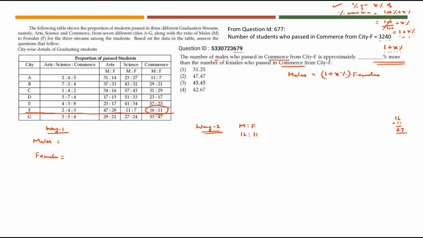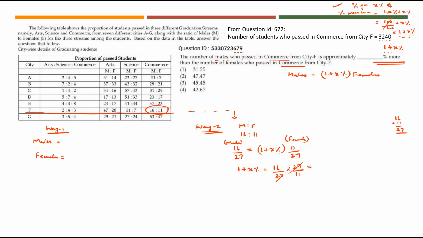So from here we can say 16 by 27 are male, which is equal to 1 plus X percentage into 11 by 27 will be female. Just using the ratio, we are just computing this value. So we have to bring 11 by 27 to the other side. 1 plus X percentage is equal to 16 by 27 into 27 by 11.